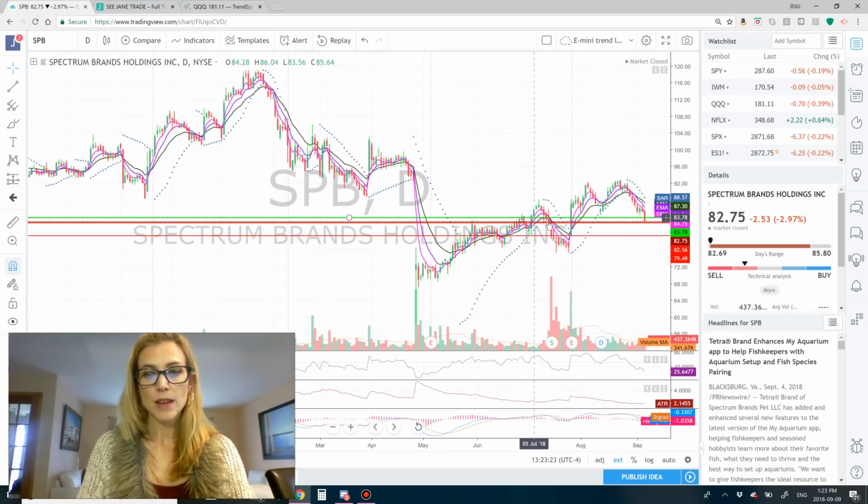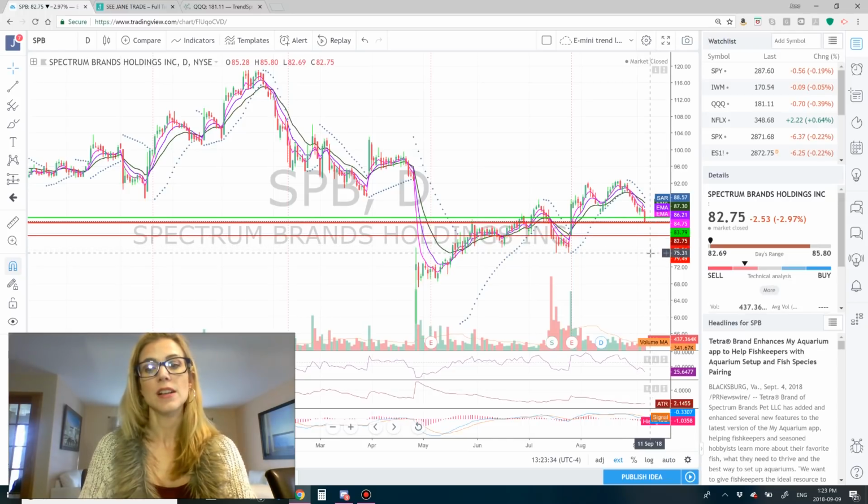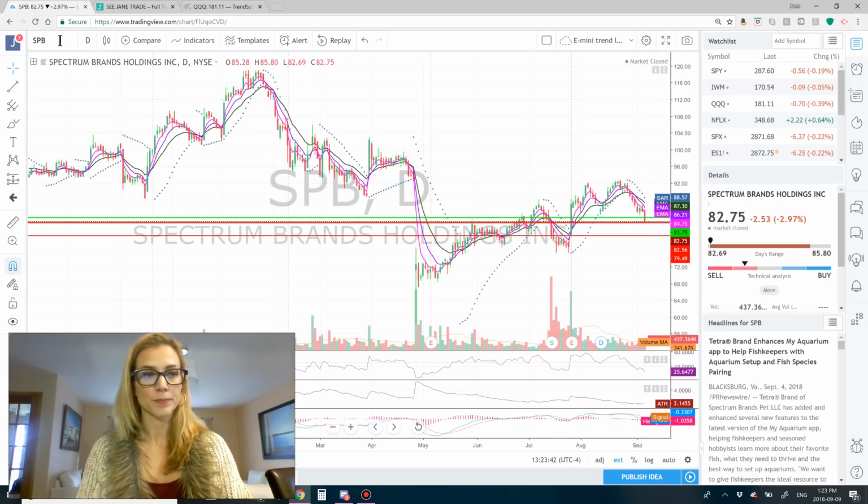However, it did break this support area, and it looks like it can continue on down to the 79.50 area. If that level breaks, down to 75. So we could have another $7 move to the downside if it were to continue on down further, down to 67 before I would think that it might have a bounce.